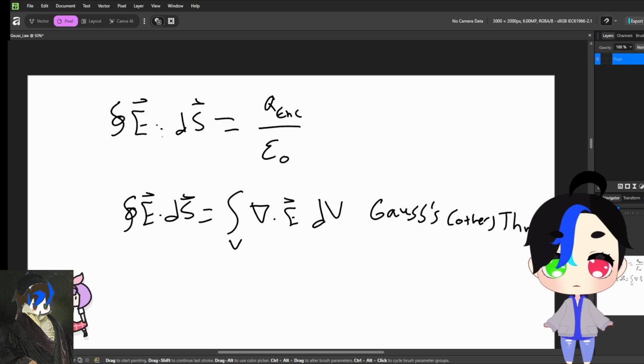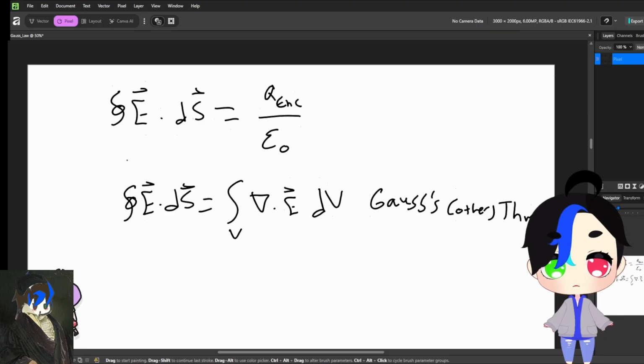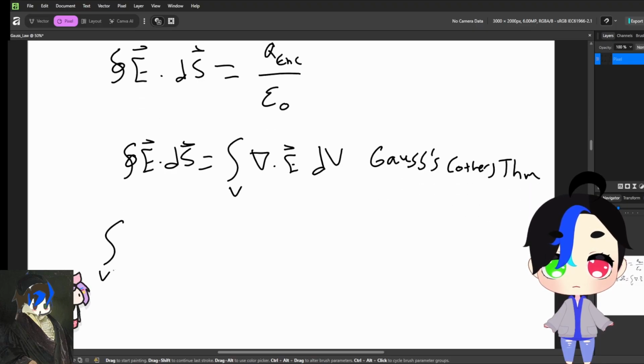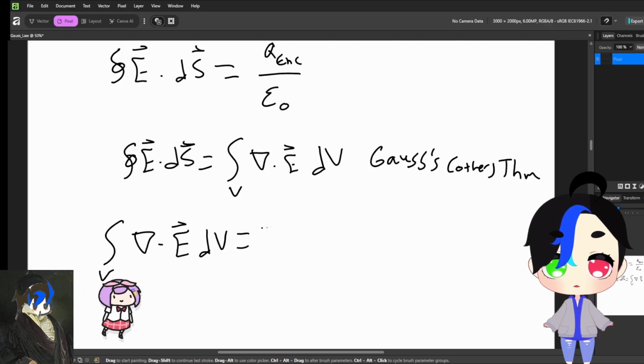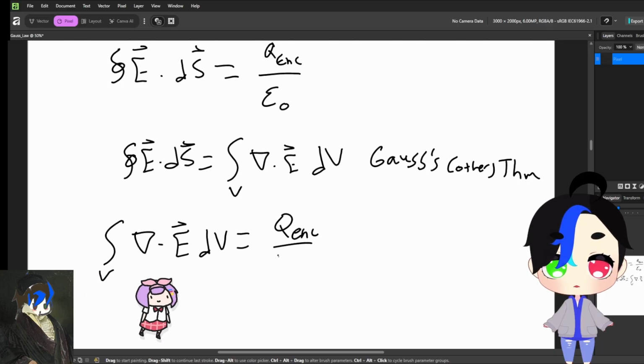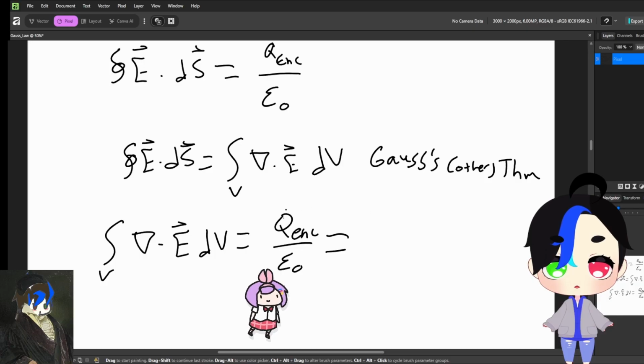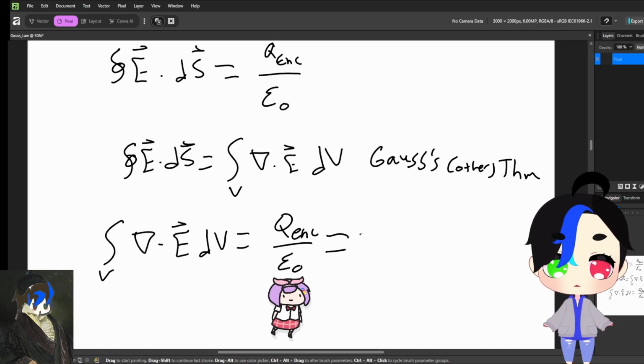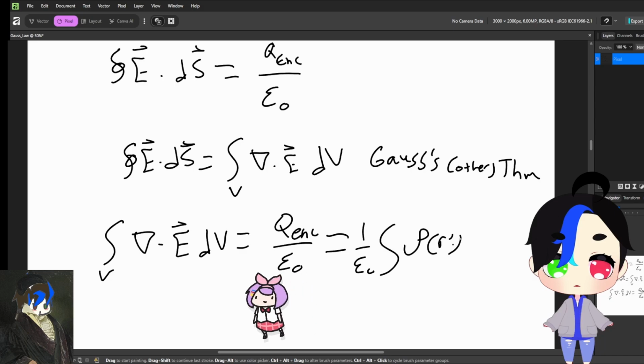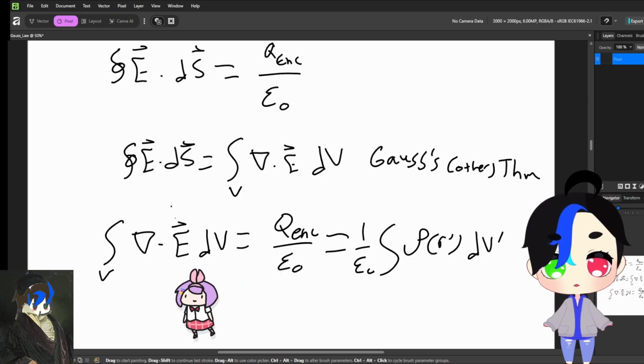So if we plug this into our integral form of Gauss's law, we get the volume integral of del dot E dV equals Q enclosed over epsilon naught. And if you remember from the definition of our volume charge distribution, the total charge of something can be expressed as the integral over the volume of your volumetric charge distribution.